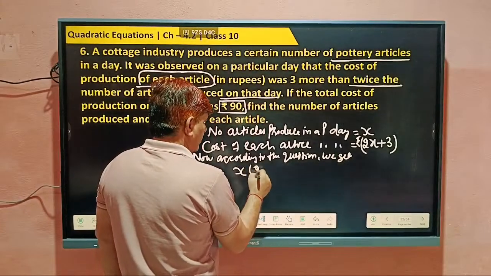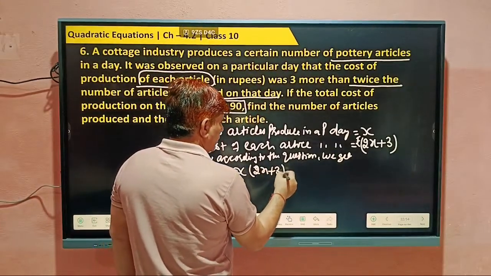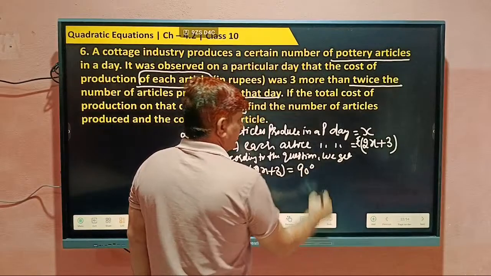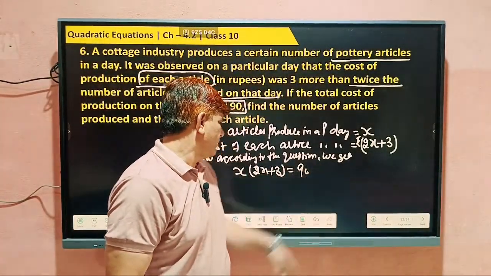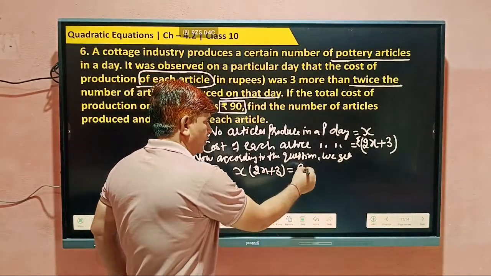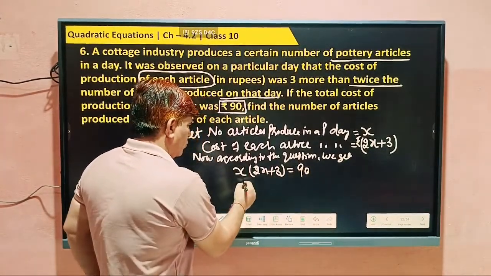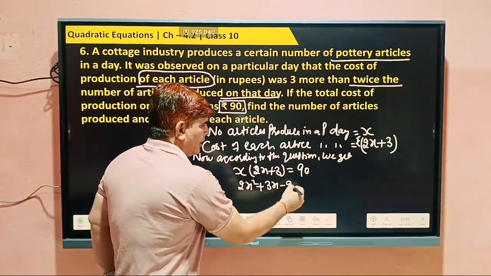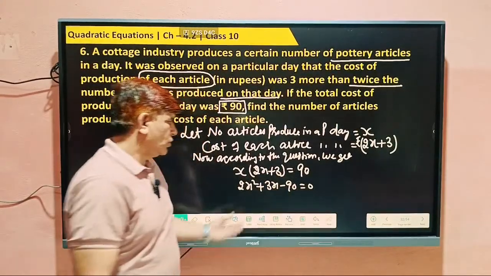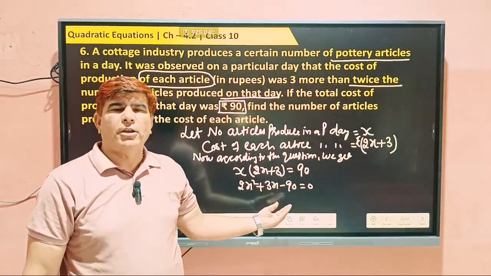Their multiplication is equal to 90. Sorry, degree was written; not degree, these are rupees. So 2x square plus 3x minus 90 equal to 0. So what is this? A quadratic equation.